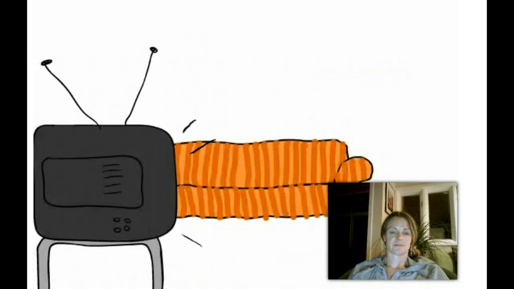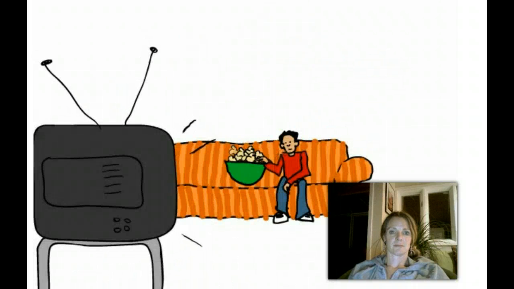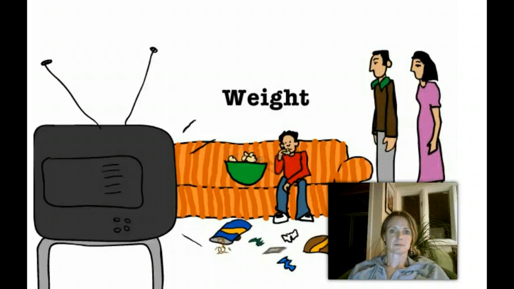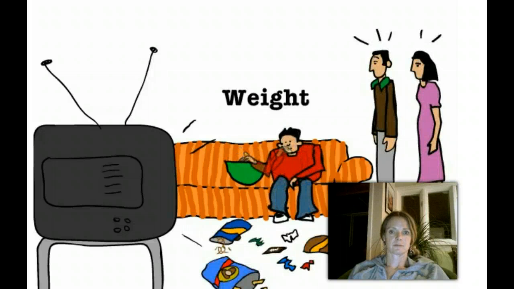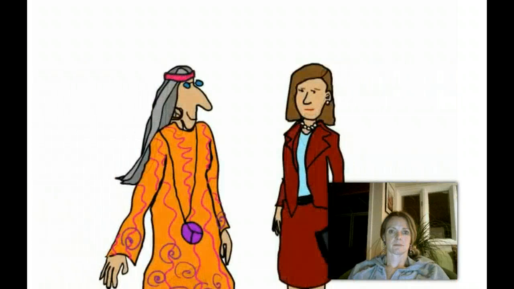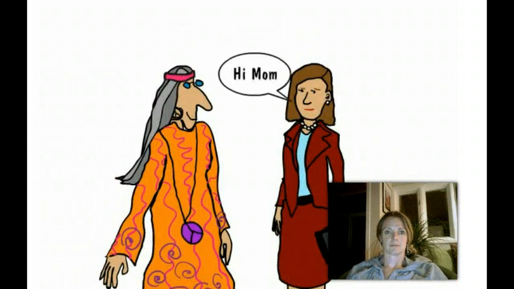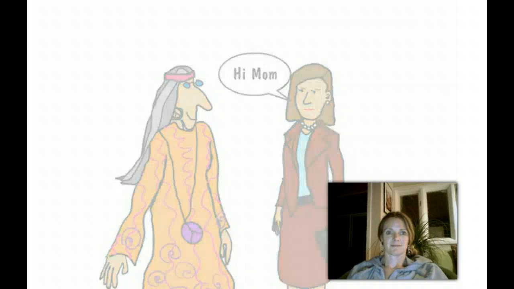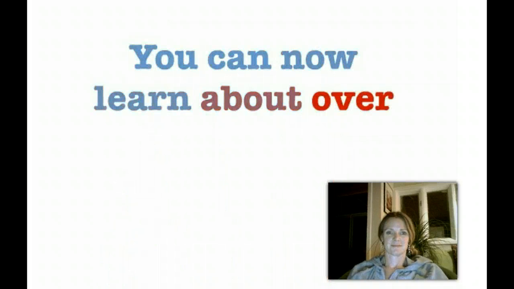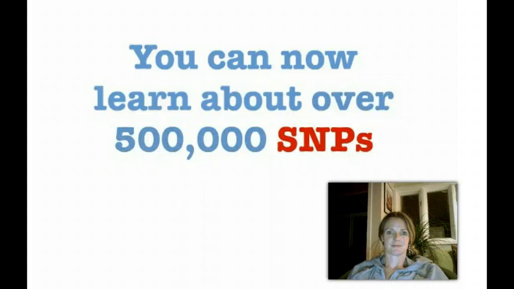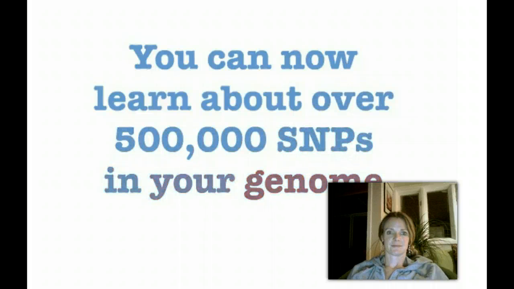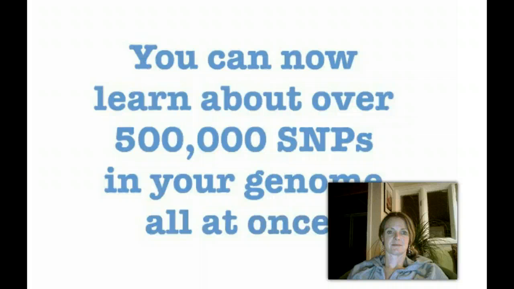Genes also play a role in whether you have a healthy body weight. But diet and exercise can profoundly affect how much you weigh. How genes influence your personality is less understood. You can now learn about over 500,000 SNPs in your genome all at once.